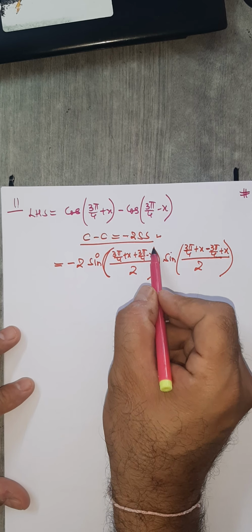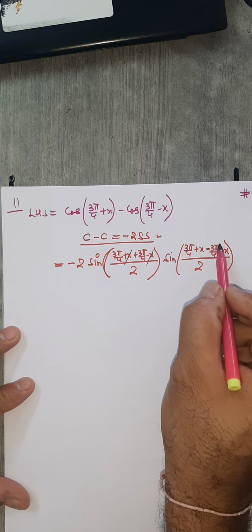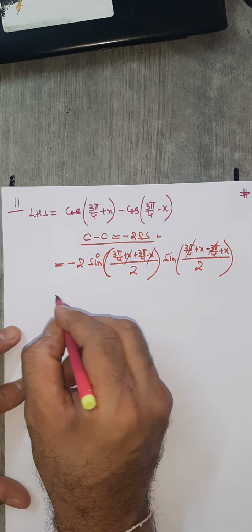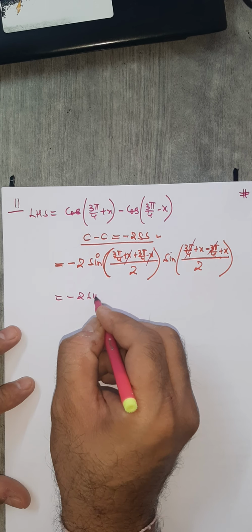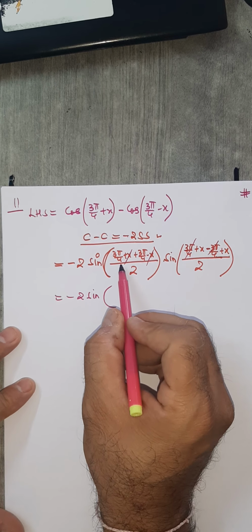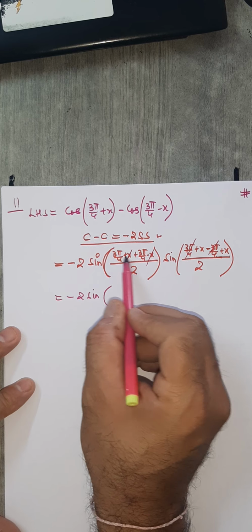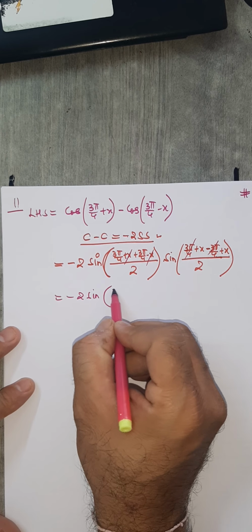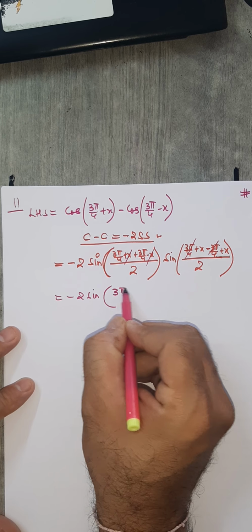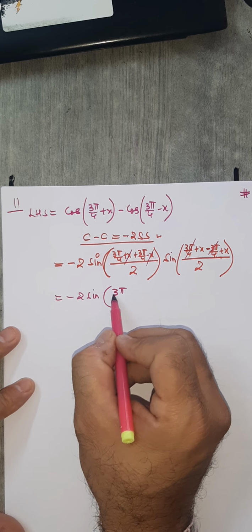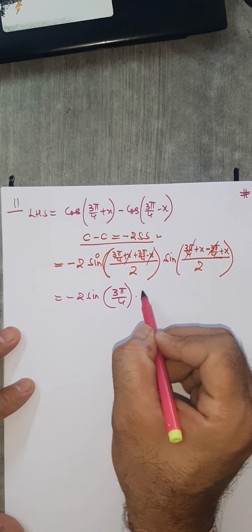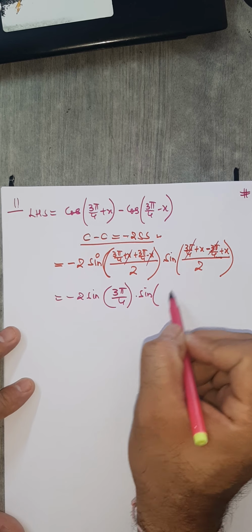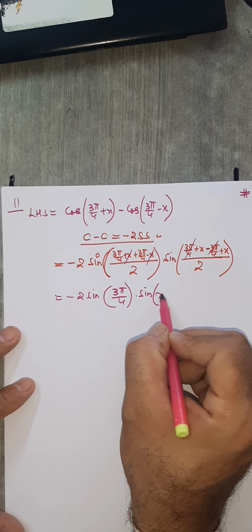So here x will get cancelled, and 3 pi by 4, 3 pi by 4 will get cancelled. So this is minus 2 sine. What about this? Here this is 6 pi by 8, but because of the 2, finally you will get 3 pi by 4, remember, into sine. What about this? x plus x, 2x by 2.